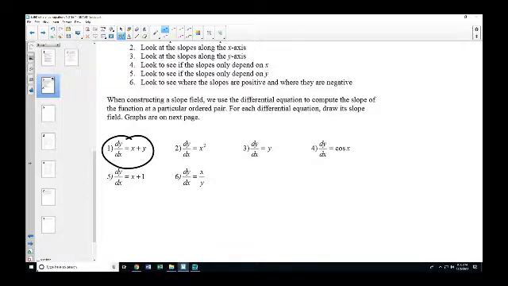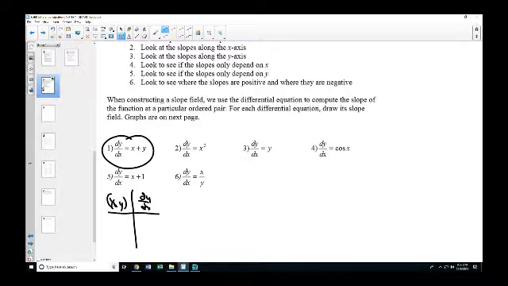So if I pick that function, dy/dx, it's going to give me, x, y. A point is going to give me a slope. Right.